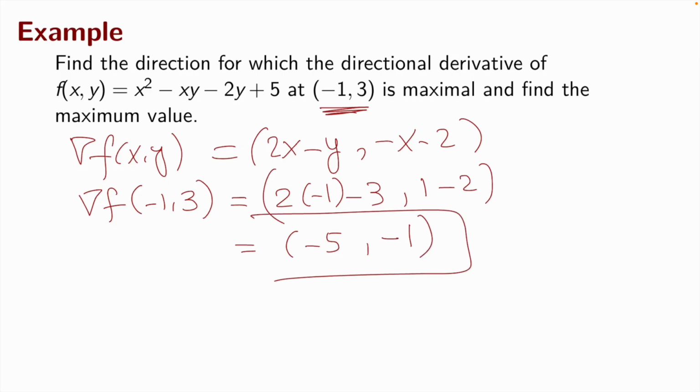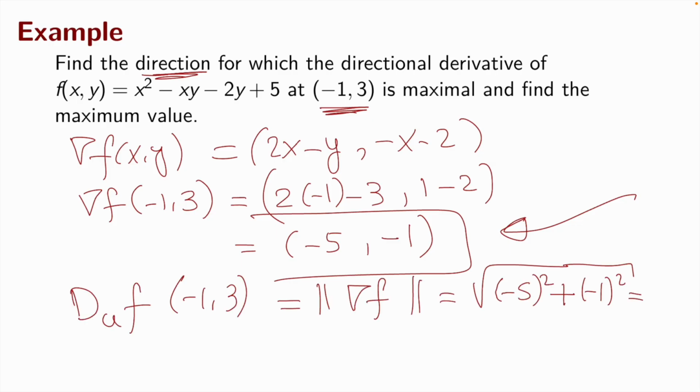So this is the answer to the first question, right? What's the direction? Well, it's the direction of this vector. In this direction is where the function is going to increase the most. And how much is this maximal value? In other words, we need to calculate the directional derivative in the direction of u.